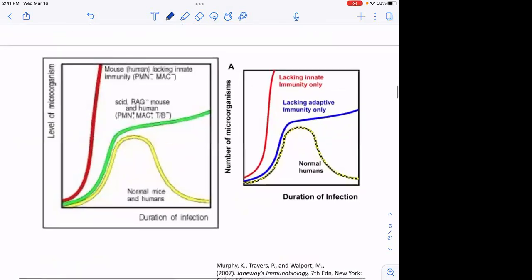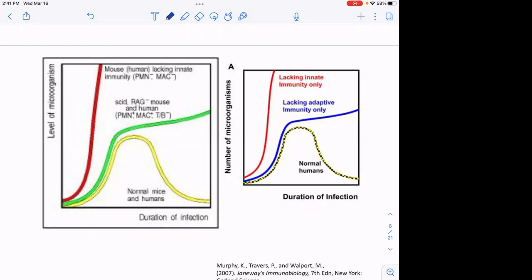But there's an interesting experiment that backs that up. They can do crazy things with knockout mice. They take mice and get rid of the genes that enable them to do certain things.